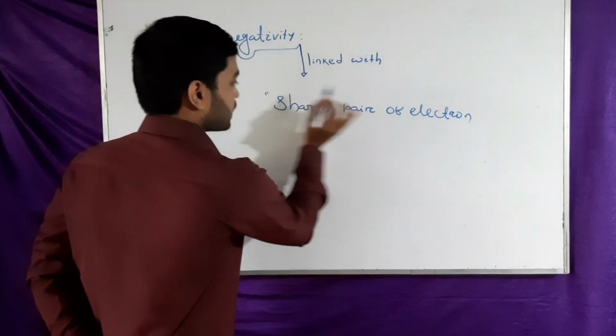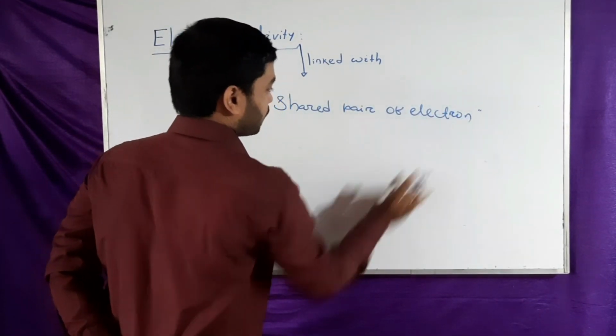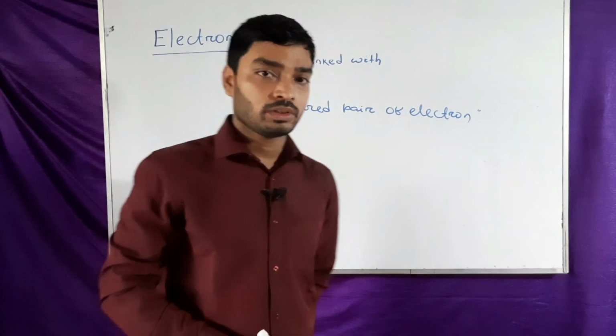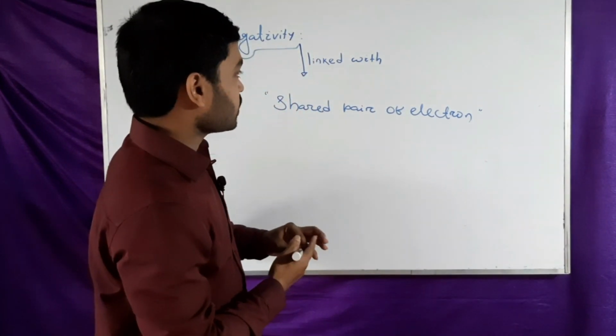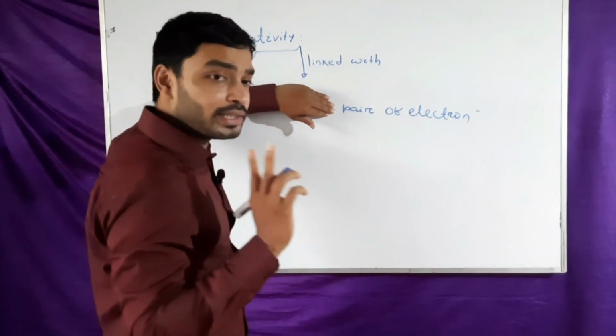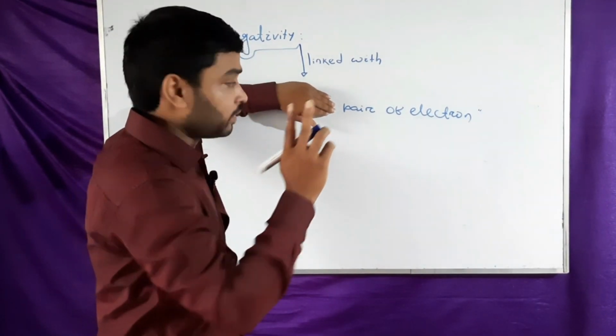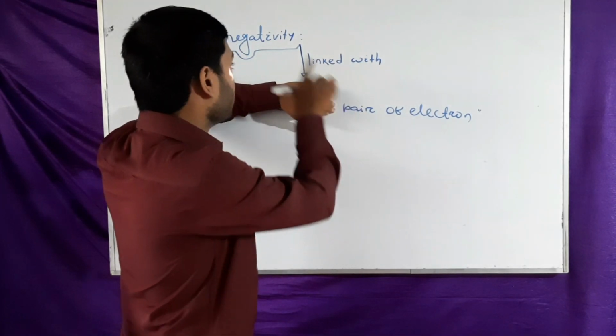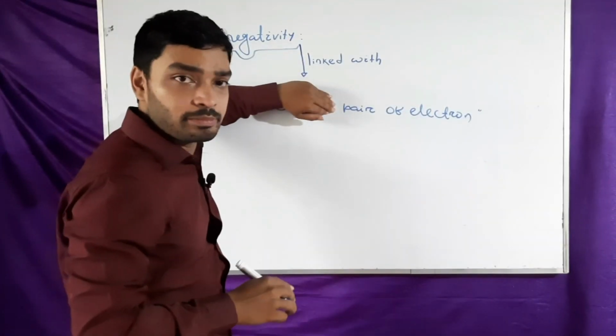So what does the share pair electron mean? We will know first. Share pair electron. As the name shows, pair means two electrons are present or involved during the electronegativity concept.